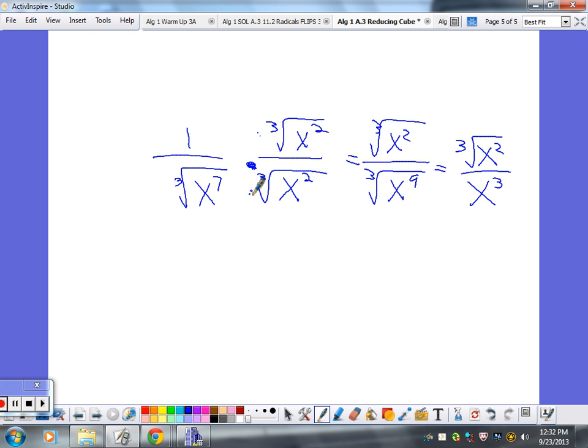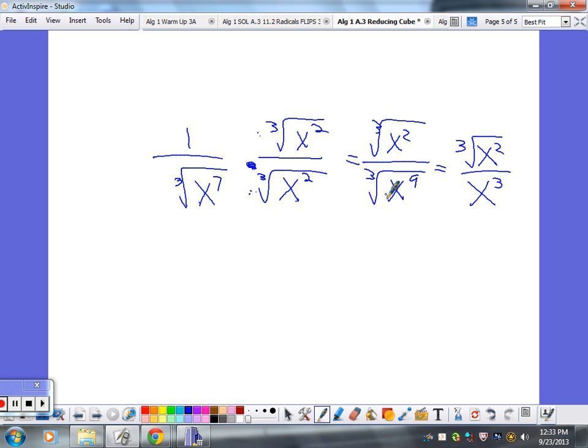Same thing. I'm multiplying by 1. Does multiplying by 1 change the value? No. What's 2 times 1? 2. So multiplying by 1, it's going to look different, but it's really the same value. Why did I choose this? Because multiplying x to the 7 times x squared gives me x to the 9th, which is a perfect cube, so I can take it outside the radical.